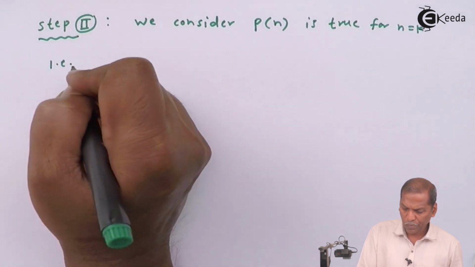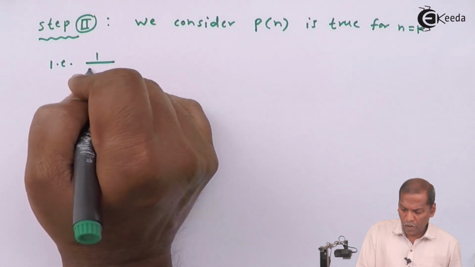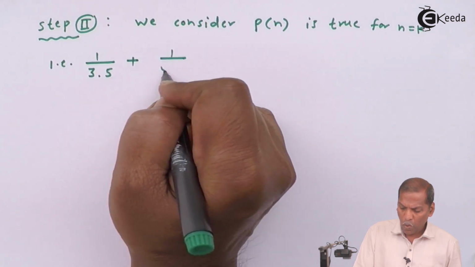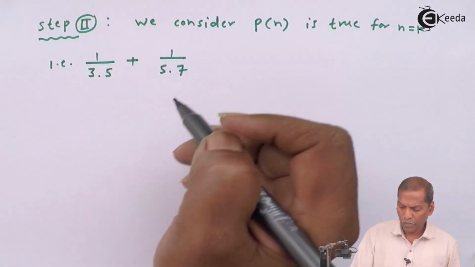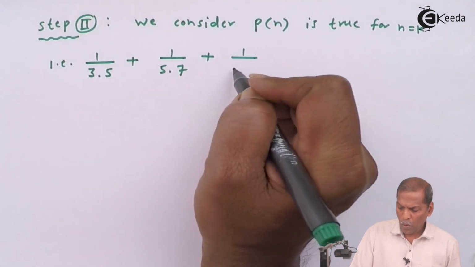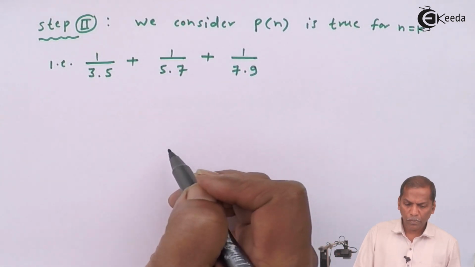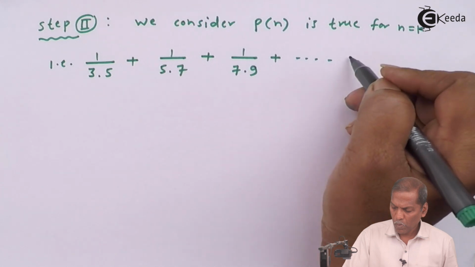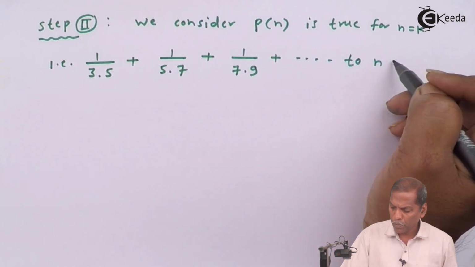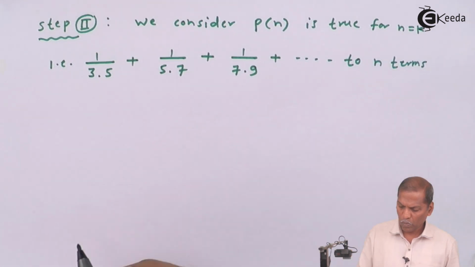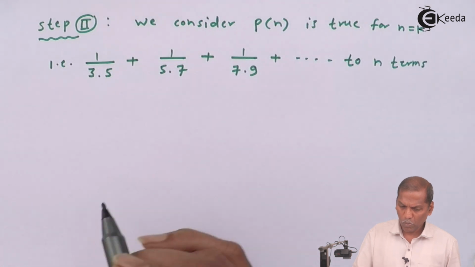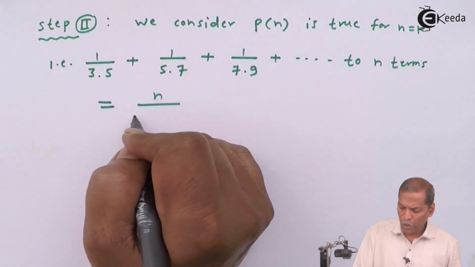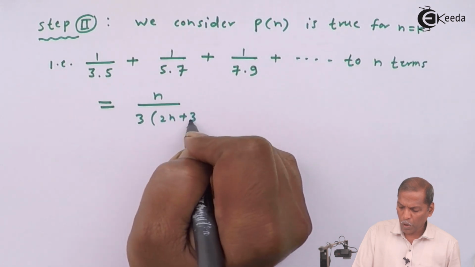That is, 1 upon 3 into 5 plus 1 upon 5 into 7 plus 1 upon 7 into 9 plus dot dot to n terms is equal to n upon 3 bracket 2n plus 3.